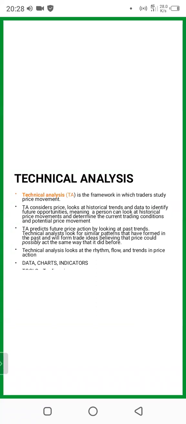That is the concept of technical analysis. Using data, using charts, and all those stuff. And the most common tool that is used for technical analysis is TradingView.